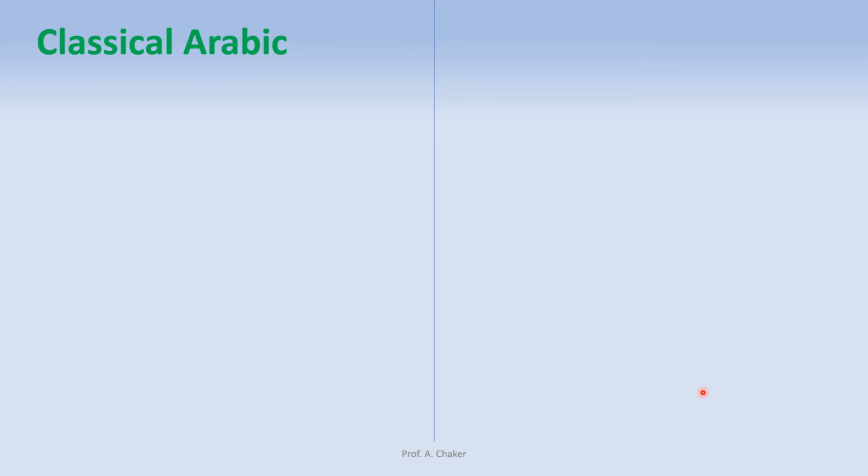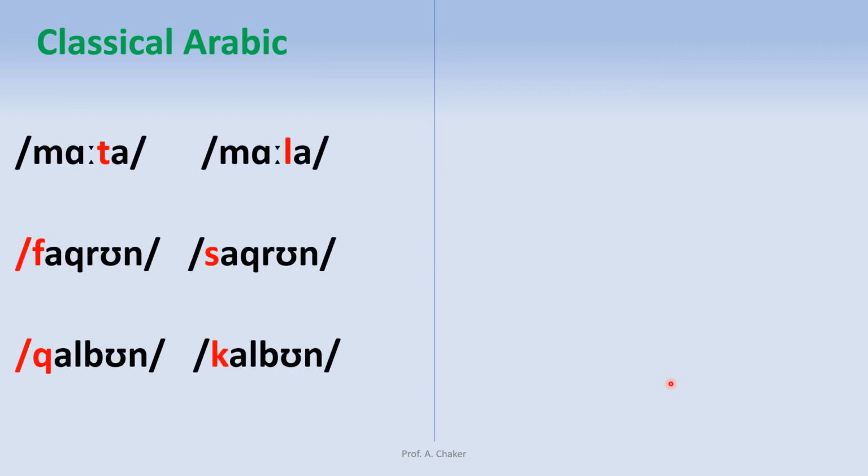Examples in classical Arabic. Okay? The Arabic that we have in the Quran, or the Arabic that we have in books, stories, novels, etc. Okay? Mata. You see? I said before that the IPA symbols can be used to represent all the languages, not just English.